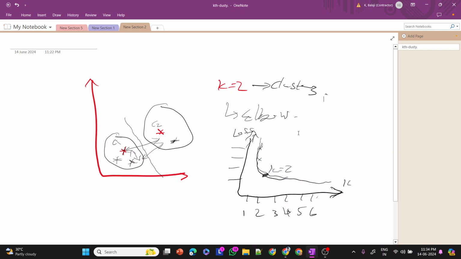Let's see further in depth about k-means clustering. K-means clustering is widely used for unlabeled data, the datasets which have unlabeled data.